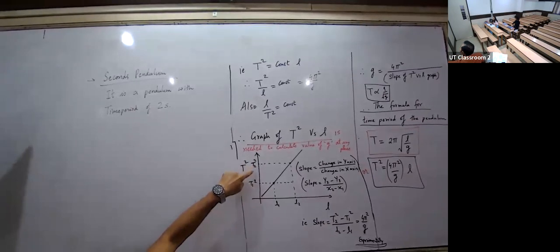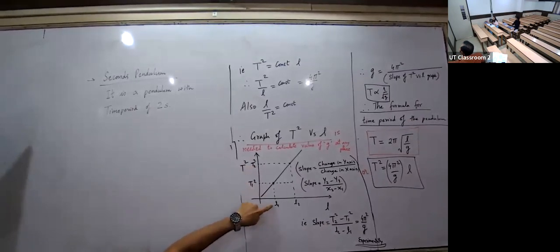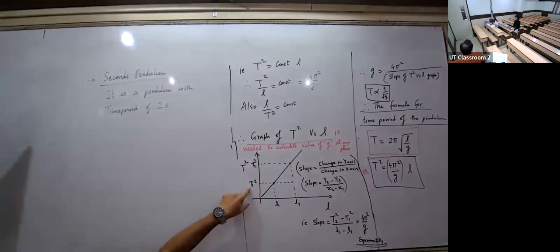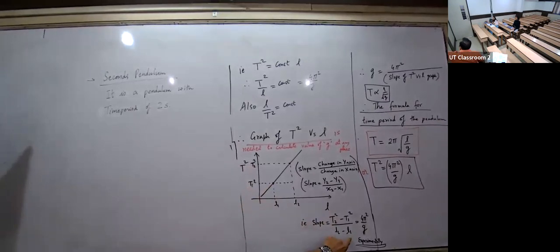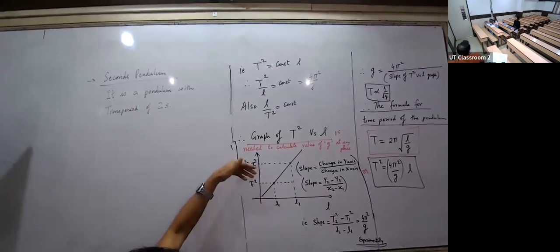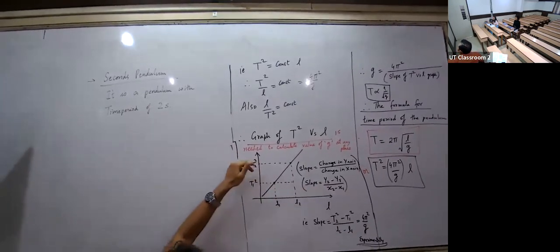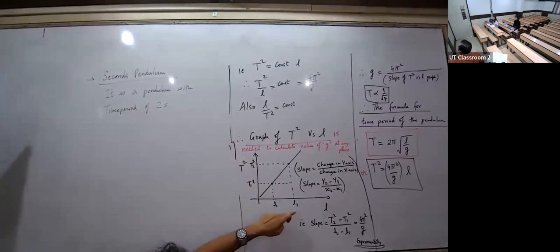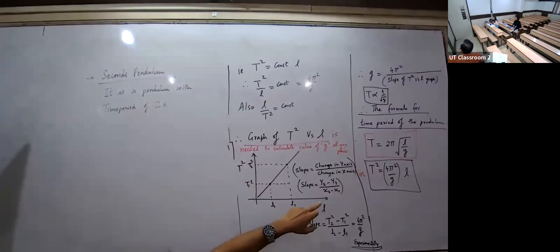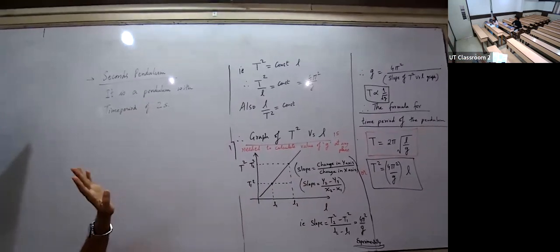This is the first value corresponding to the first length, so x1 is l1 and y1 is t1 square. x2 is l2 and y2 is t2 square. These are different values on the y-axis. y2 is the final value, so it is final minus initial. This is how a slope is calculated.